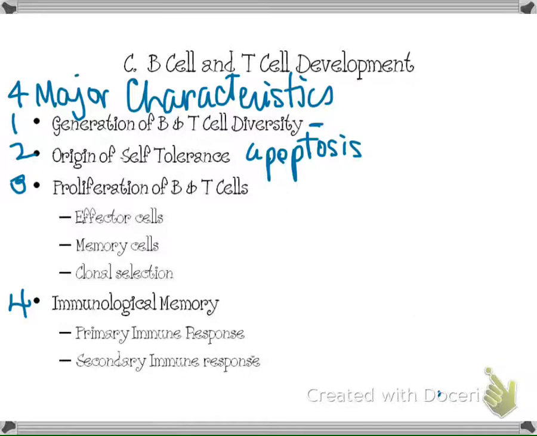Proliferation of B and T cells. You have a few lymphocytes with antigen receptors for any particular epitopes. In the lymph nodes, the antigen is exposed to a steady stream of lymphocytes until a match is made. This binding of a mature lymphocyte to an antigen initiates events that activate the lymphocyte.